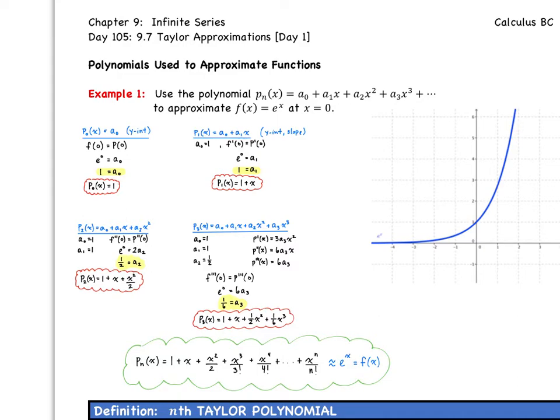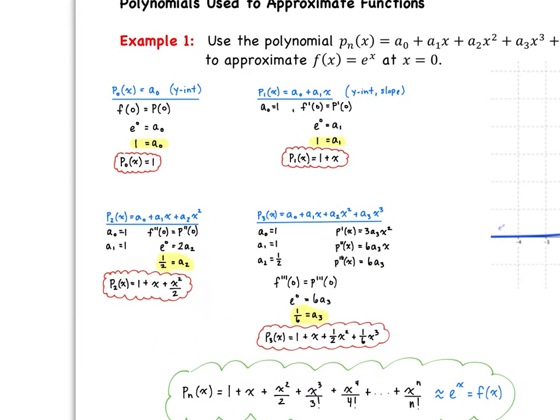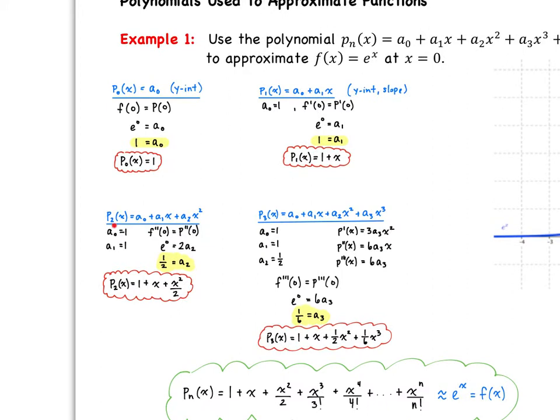So let's keep going. Let's find the second degree polynomial. The second degree polynomial, p2 of x, is just these three terms, a0 plus a1x plus a2x squared. Well, in order to get a2 without this x, we're going to need to take the second derivative.